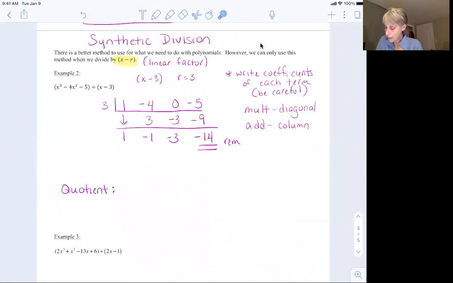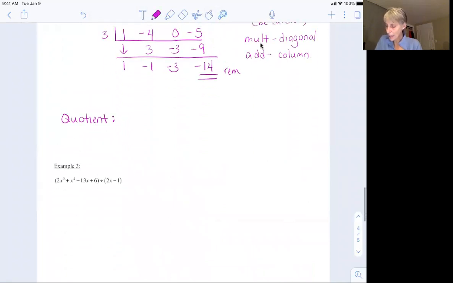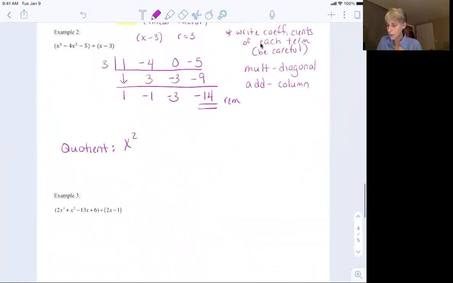So when I put my variables back in, this is going to be x squared. And now each term I go down a power. Minus x minus 3. And my remainder is negative 14. This is going to be a number.